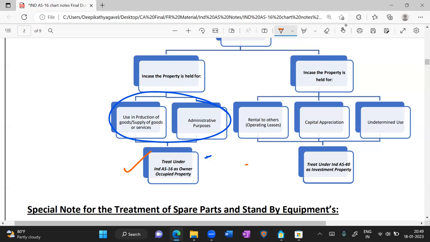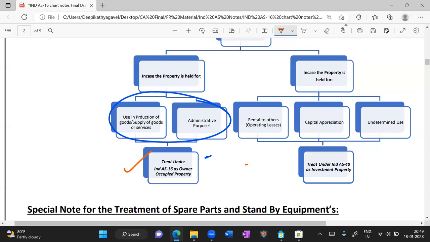Similarly, in another case, when you're purchasing any land or building solely for capital appreciation. What do you mean by that? Let's say I have a land near the airport, which costs 2 crore rupees, and I expect that in the next 10 years, as the airport expands, this place will obviously commercialize, so the land I'm purchasing has the potential of being sold in the future for around 10 crore rupees.